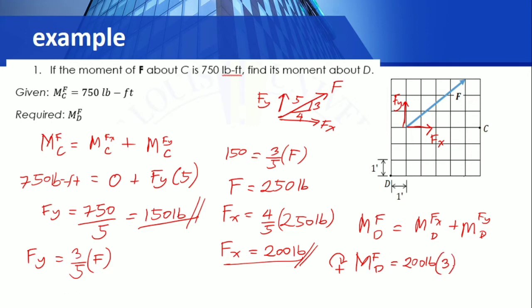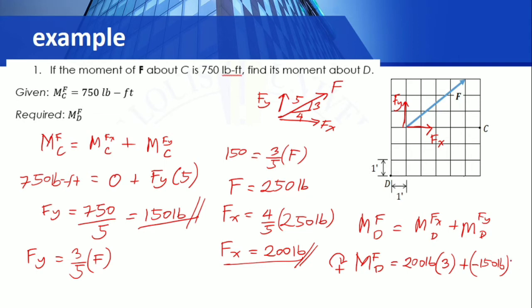Okay? Plus, yung moment ng ating f of y. So, i-moment natin sa point D. So, counterclockwise siya. So, dapat negative ito. So, that will be negative f of y. Ano yung f of y natin? That will be 150 pounds times. So, ilang box yun? Only 1.